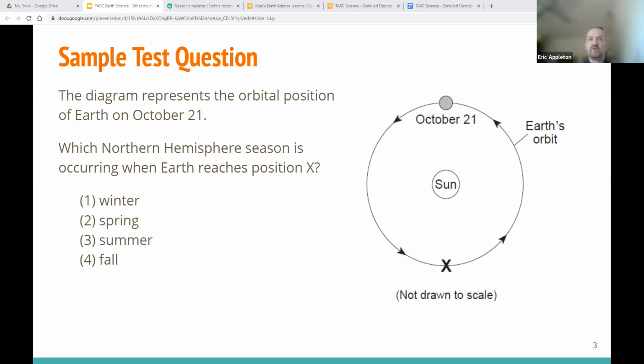Relationship of the seasons to the Earth's orbit, rotation versus revolution, equator dividing hemispheres, how the Earth's orbit works, hemispheres in relationship to the seasons, yeah.